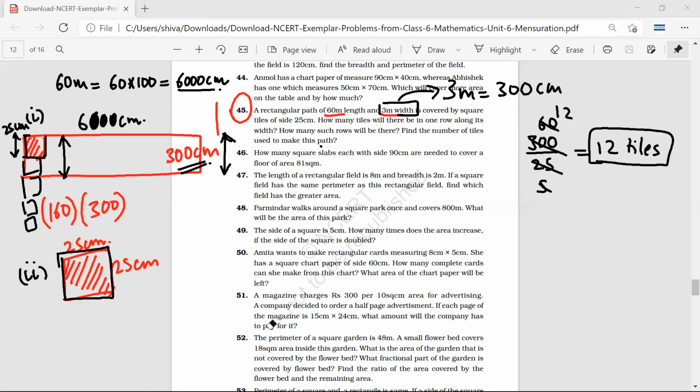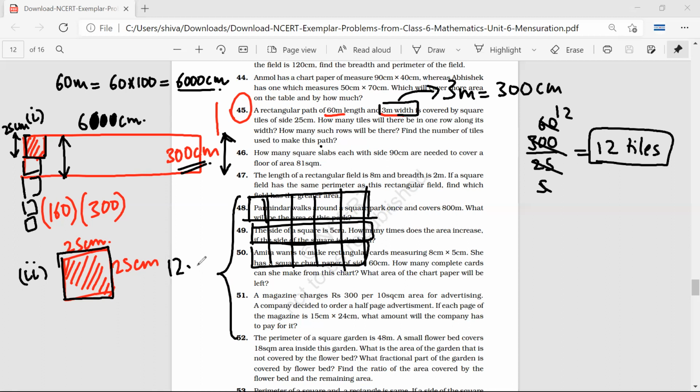So basically what will start happening is that you have a row like this, then you have a row like this, you have a row like this. Basically, all of these are tiles. So there will be 12 rows like these. Is it clear or not? Yes, sir, it's clear.